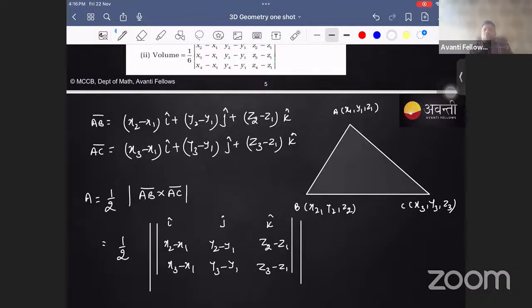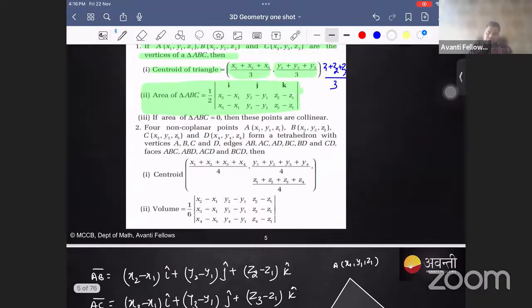So this is going to be the area of this triangle. So you don't have to remember any formula for this.